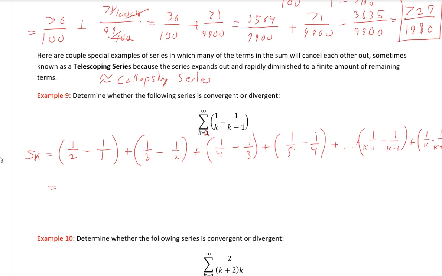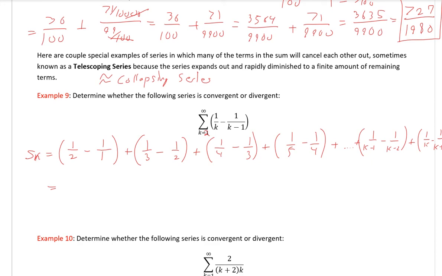Now, this is the elongating of the telescope. So this is where the telescope looks like this, and then you just expand it out really far. What we're going to do, though, is quickly collapse this, hence why it's also called a collapsing series.